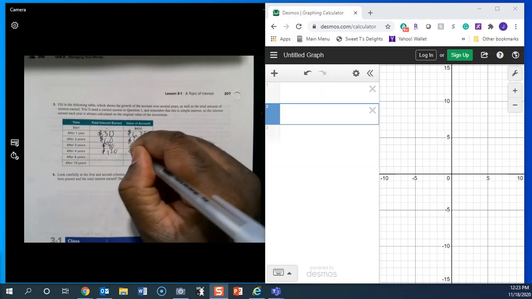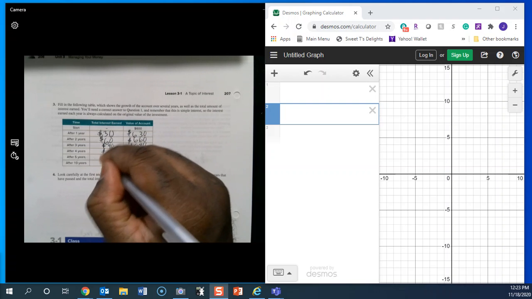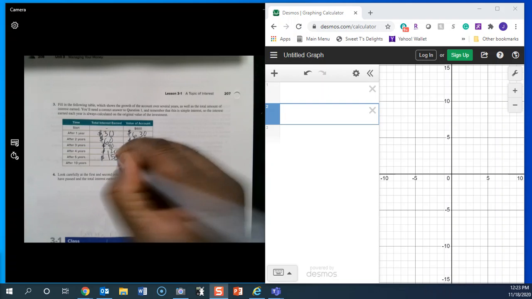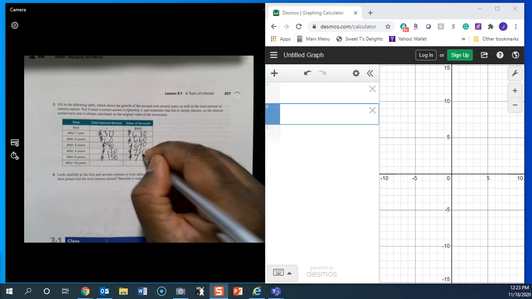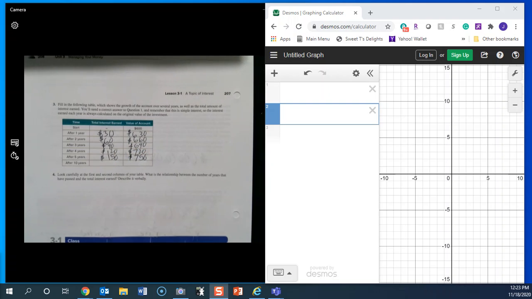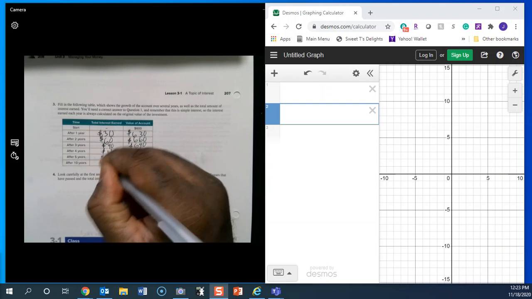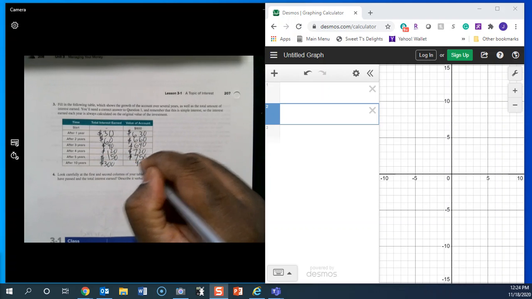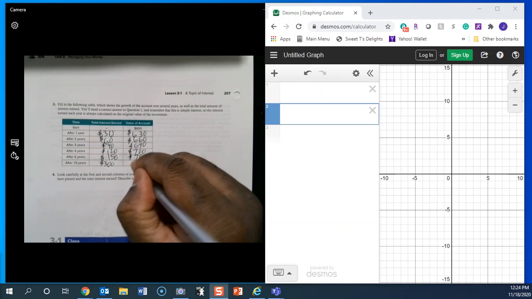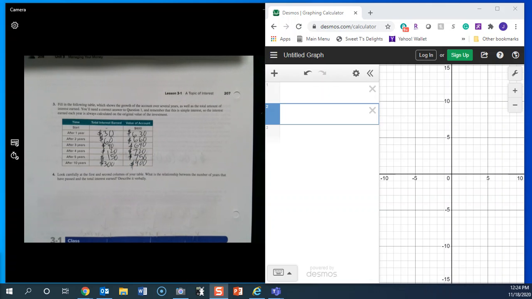This would be $720. Another $30, this would be $150. This will give us $750. And then we look here after 10 years. Remember, you're earning $30 every year. So that will give you $300 in interest. So it'll be a total of $900, which would be the value of the account.